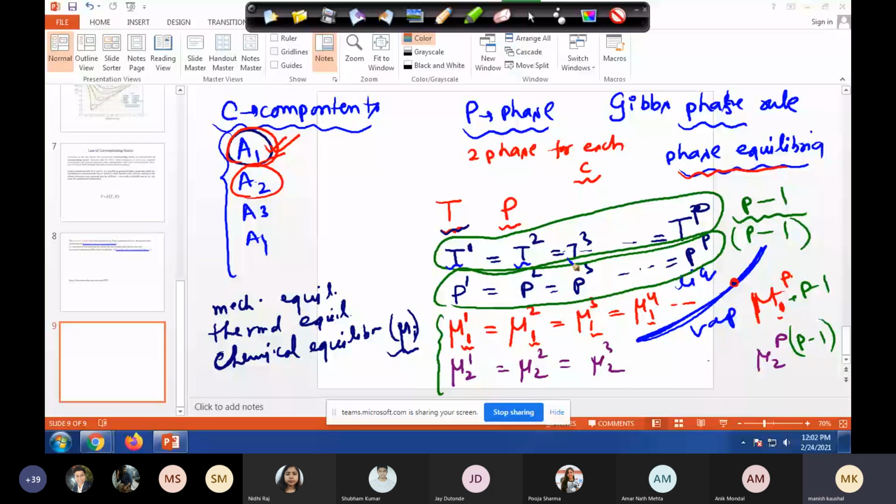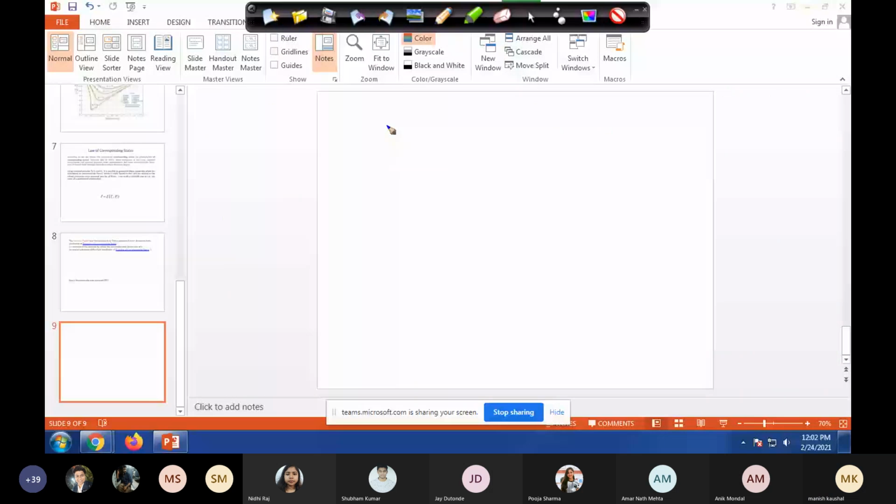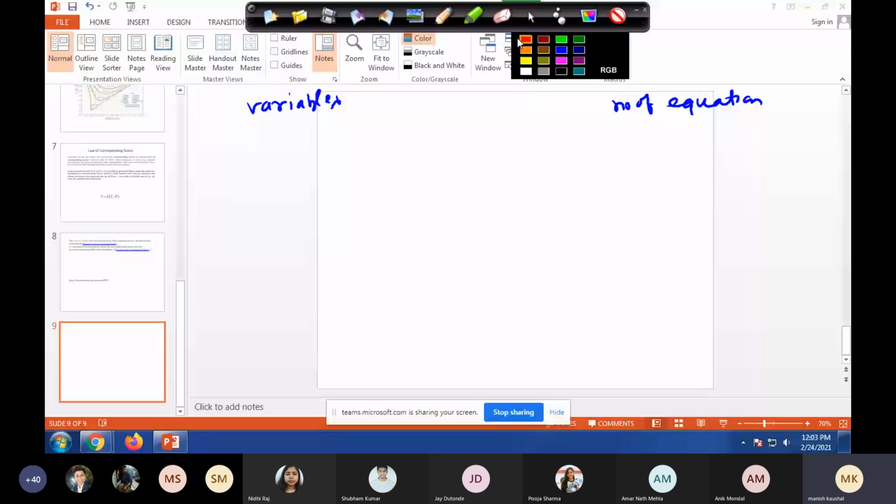So now let me summarize it so that we will not get confused. Here we will write number of equations, and here we will write variables. Let's say we take component 1. Let's write down the variables.